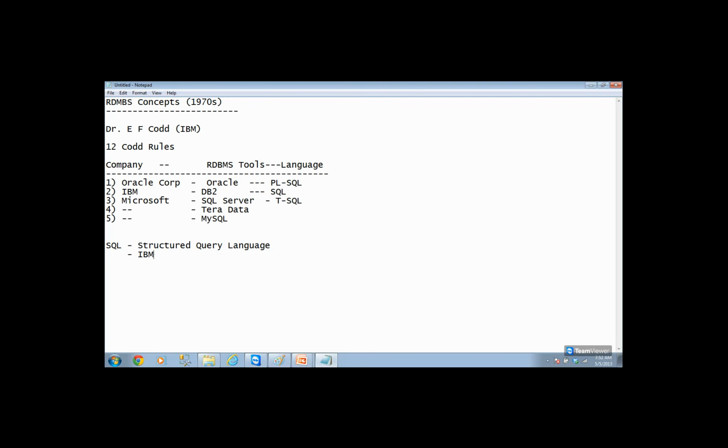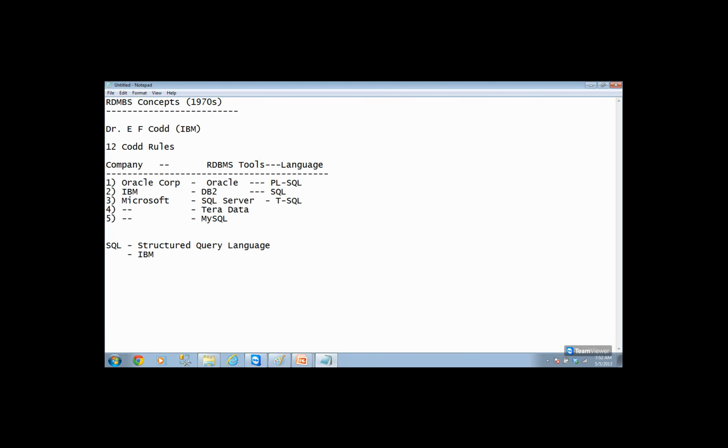You have to be very clear which language is used in RDBMS tools. Using SQL, structured query language, one can interact with RDBMS software. What are the RDBMS software? Oracle, SQL Server, DB2, MySQL, Teradata, all these things. Clear? So this is how we have to understand.